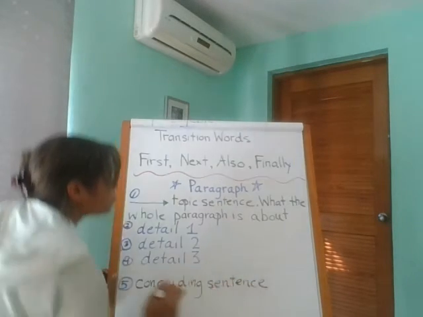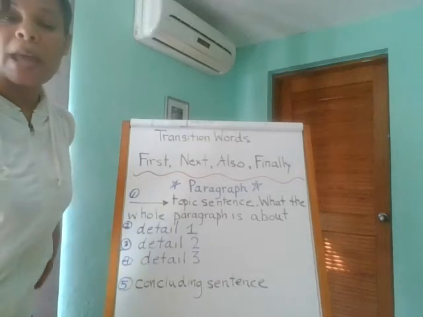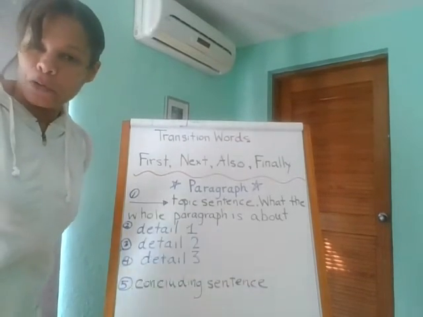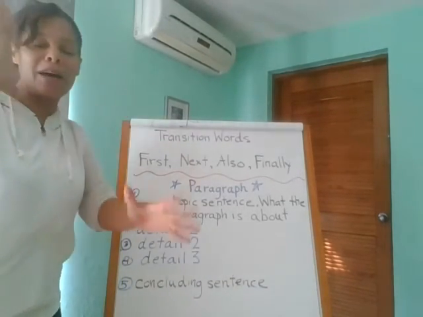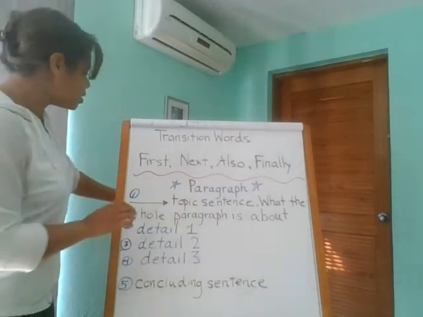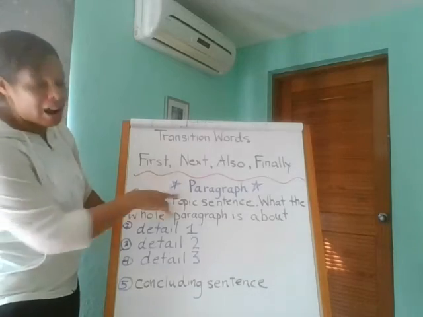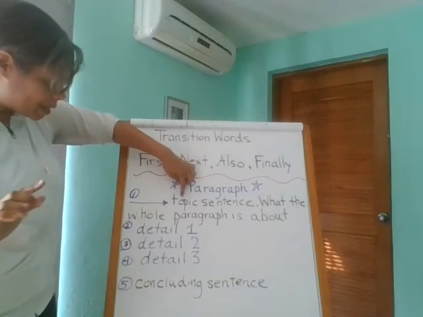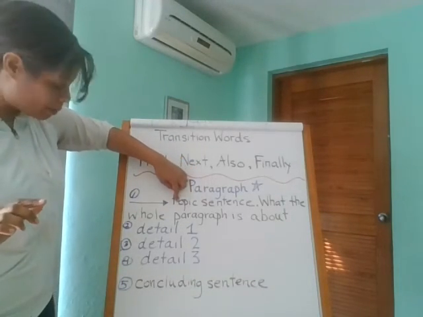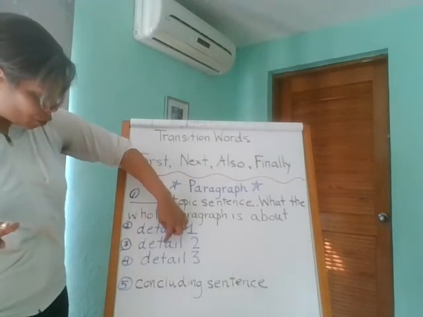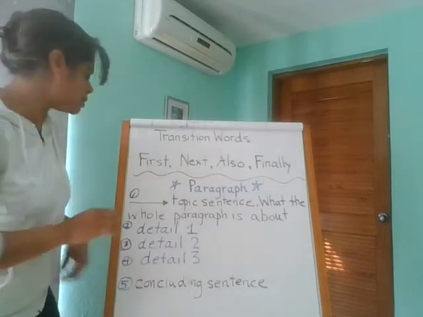All right, so it might seem like a lot. Are you overwhelmed? Okay, that's why I'm breaking this up into 2 days. Okay, so paragraph. This is the last one I'm going to do before we wrap it up. Paragraph, 5 sentences. You're going to have a topic sentence, what the paragraph is about, detail 1, detail 2, detail 3, and then a concluding sentence.